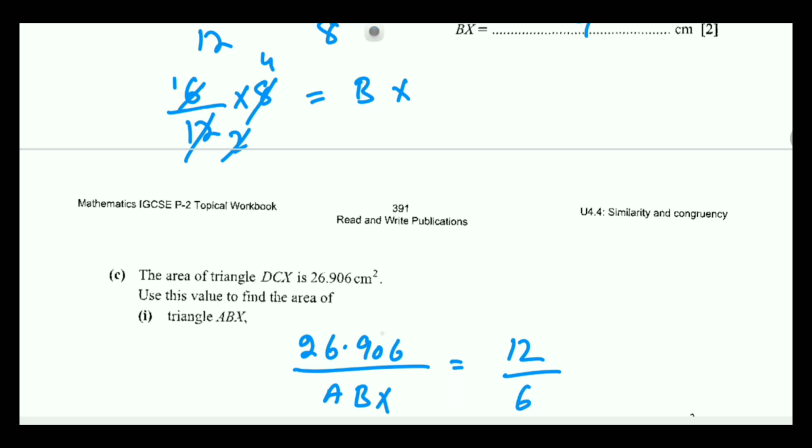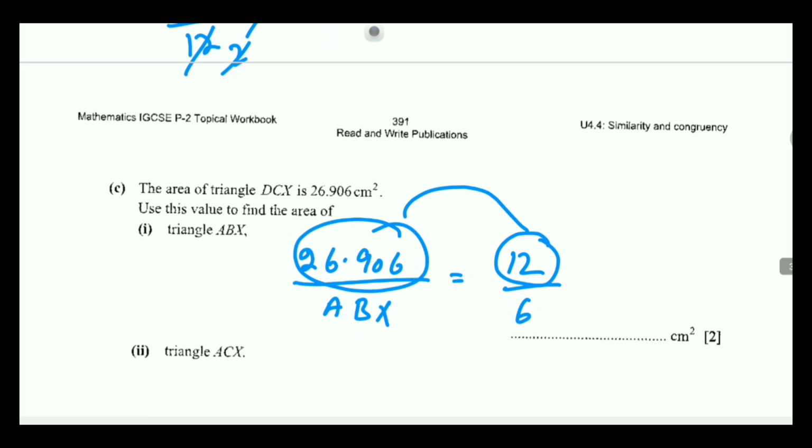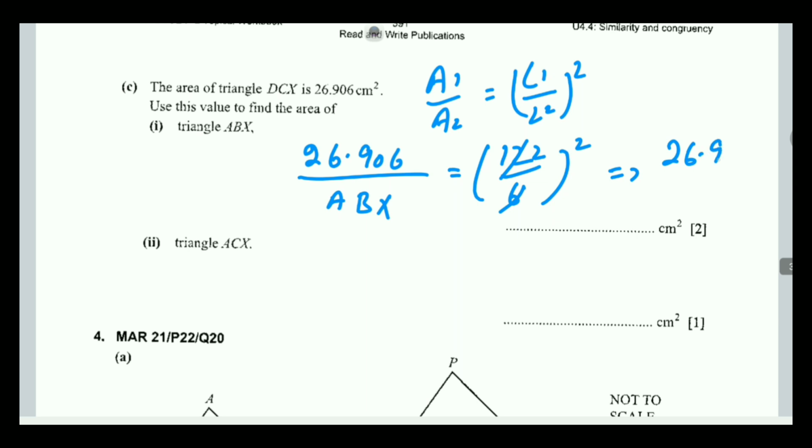So again I am telling you, if you have decided to write the area of the larger triangle in numerator, so the length of the larger triangle should be in numerator, and we have to find the area of smaller triangle ABX, its length should also be in denominator. 26.906 over 4 will be equal to ABX, and 26.906, let's use calculator. 6.73 will be the answer of this question.